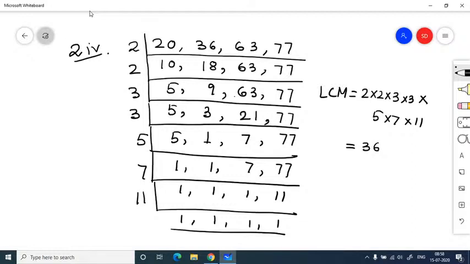So this is 36, this is 35, and this is 11. So now you can multiply 36 into 35 into 11. Yes, the answer is 13860. 13860 is the answer.